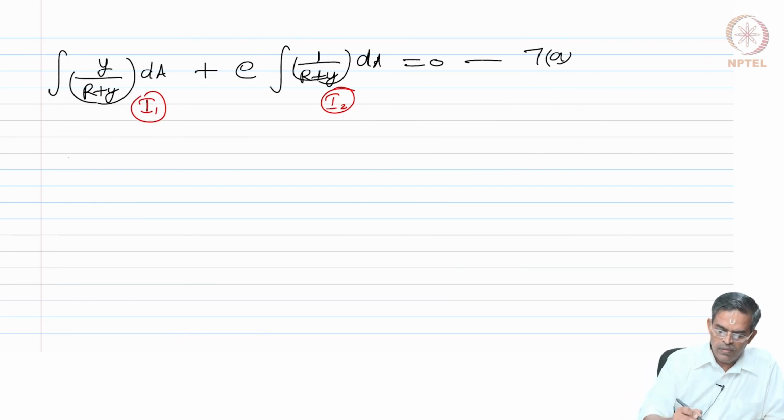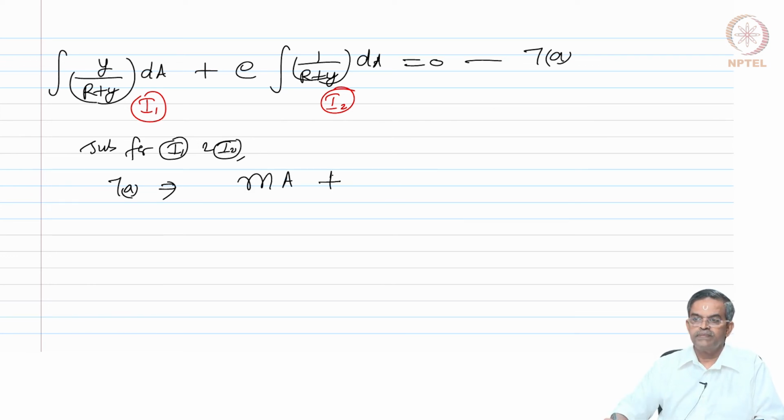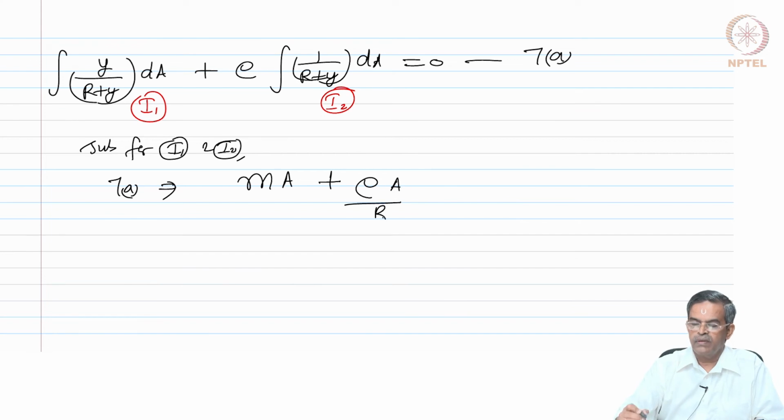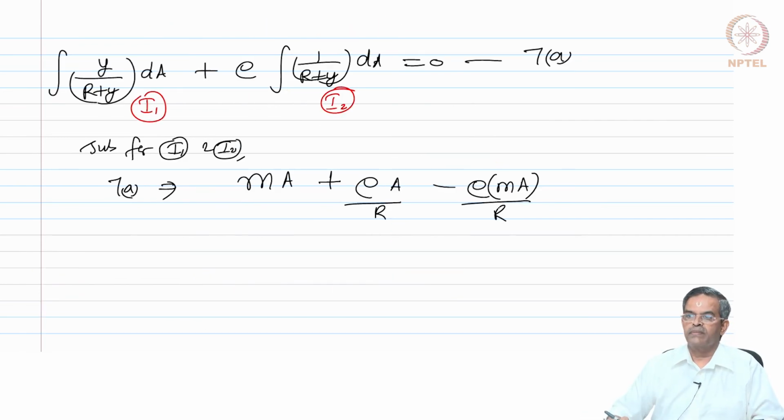Now, substituting for integral I1 and integral I2, 7a now becomes MA plus E times I2, which is A by R minus E MA by R, which is now set to 0.